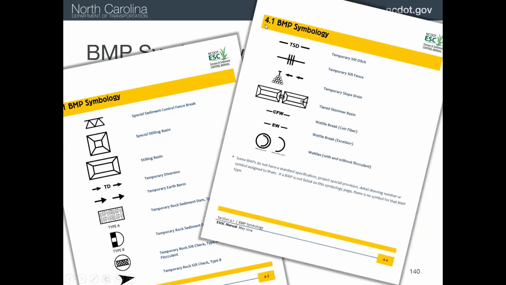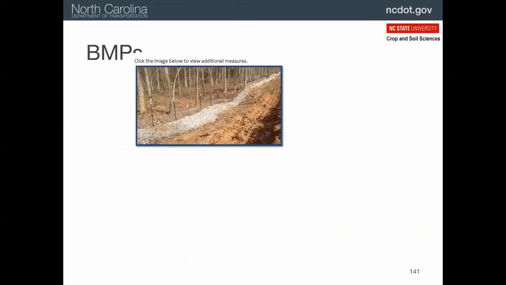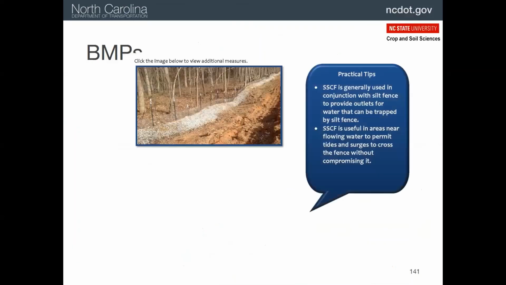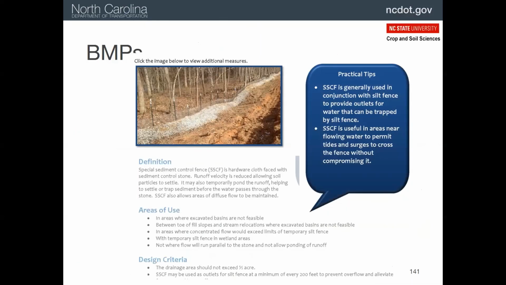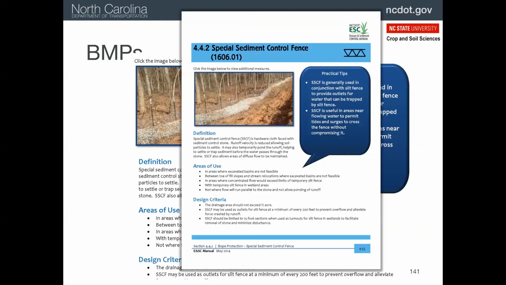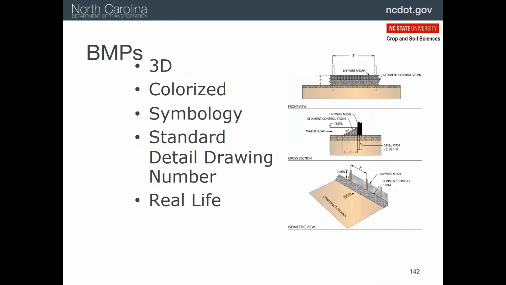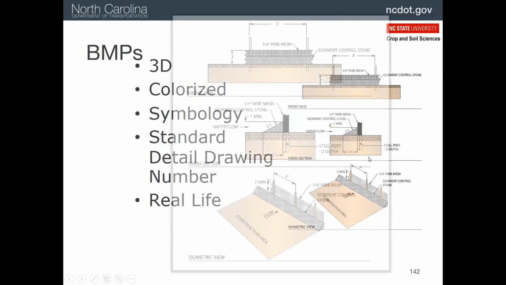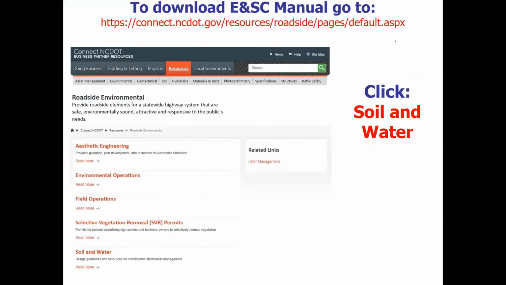You can download this 4.1 section. It's pretty big, but it's got all these diagrams. It's a great resource: pictures, tips, definitions, where you use it, and some of the problems you might run into. It's got all the diagrams we've been seeing today. So lots of resource there.